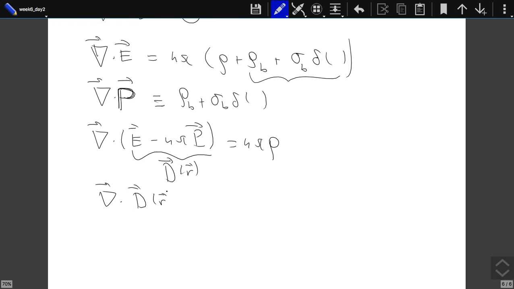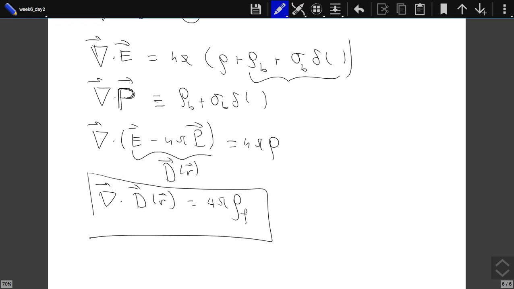Divergence of the displacement field is equal to 4 pi times rho, let's call it free. Now again, this rho free is basically the charges that we put by hand, not the charges that are connected to the atoms.